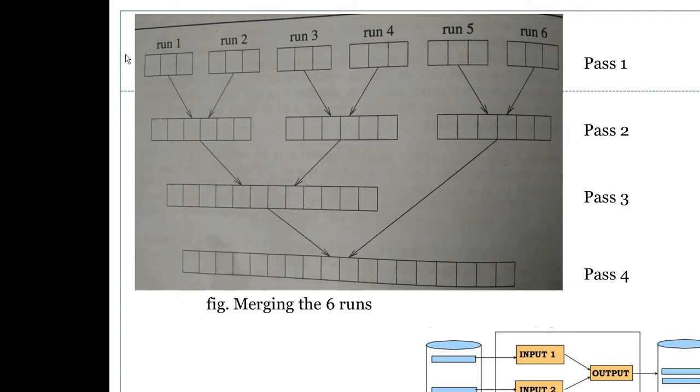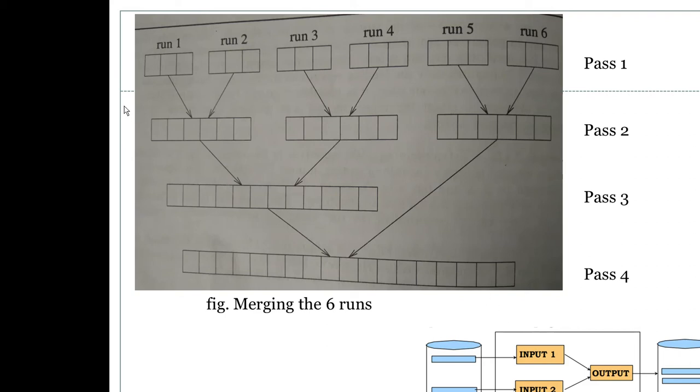Okay, so consider that the first record in the first block of run 1 is smaller than the first record of the second run. As the first record is smaller, that will be written onto the output buffer.